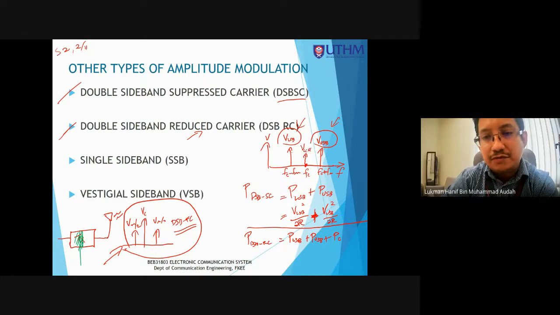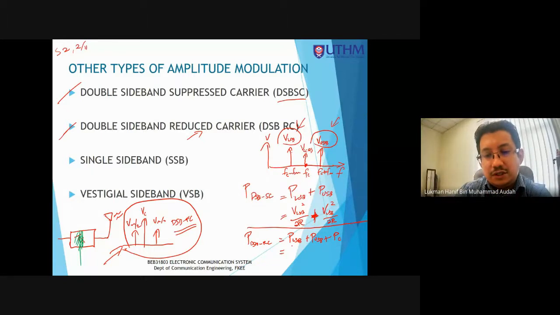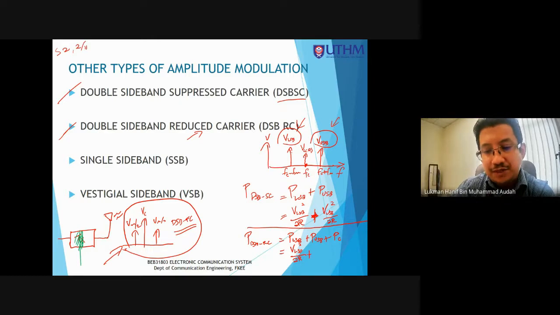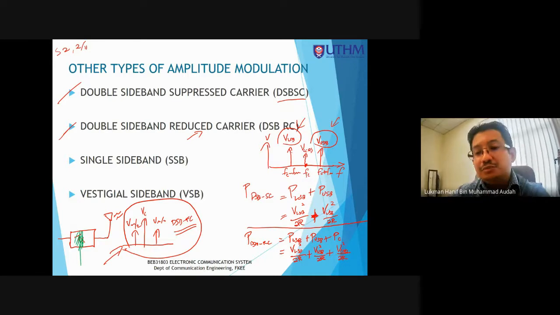Again, this is similar to the previous one. This is VLSB squared over 2R. The power equation remains the same, before, now and forever. So this is VSB squared divided by 2R, and this is VC reduced squared over 2R. So this is in terms of power.